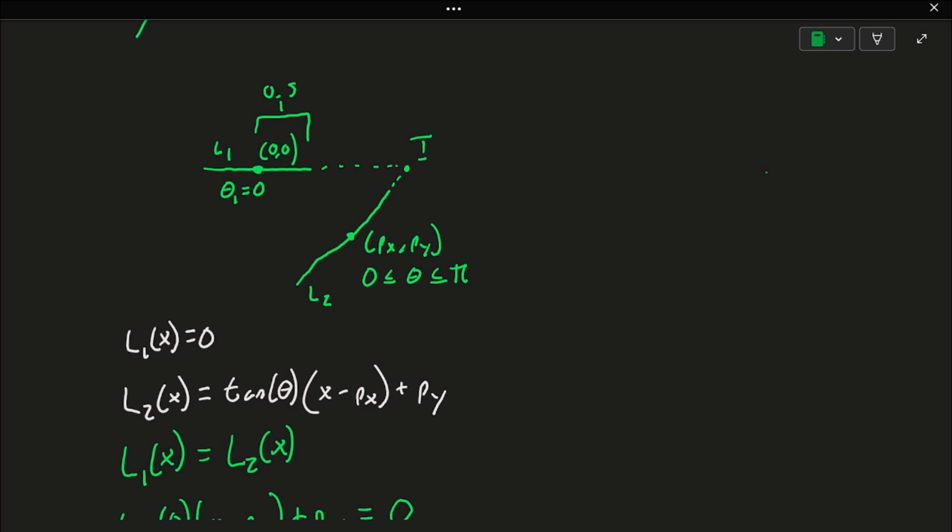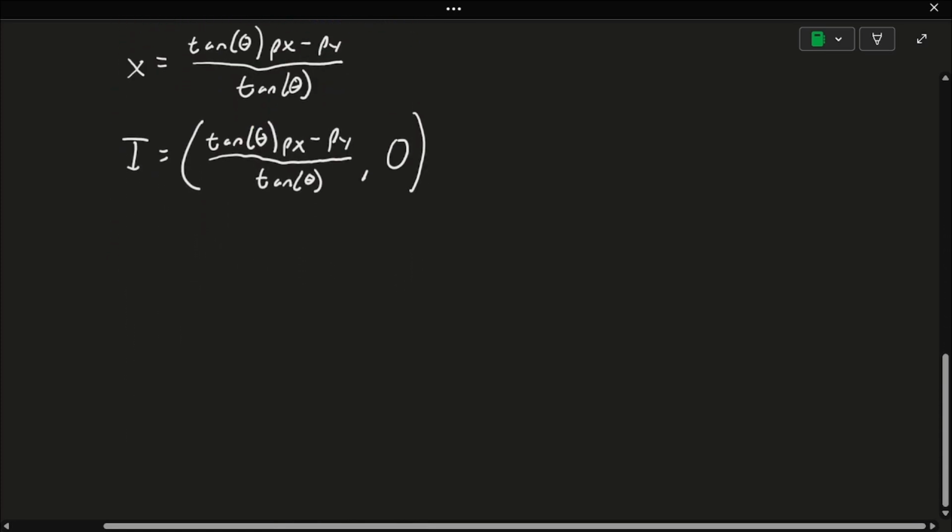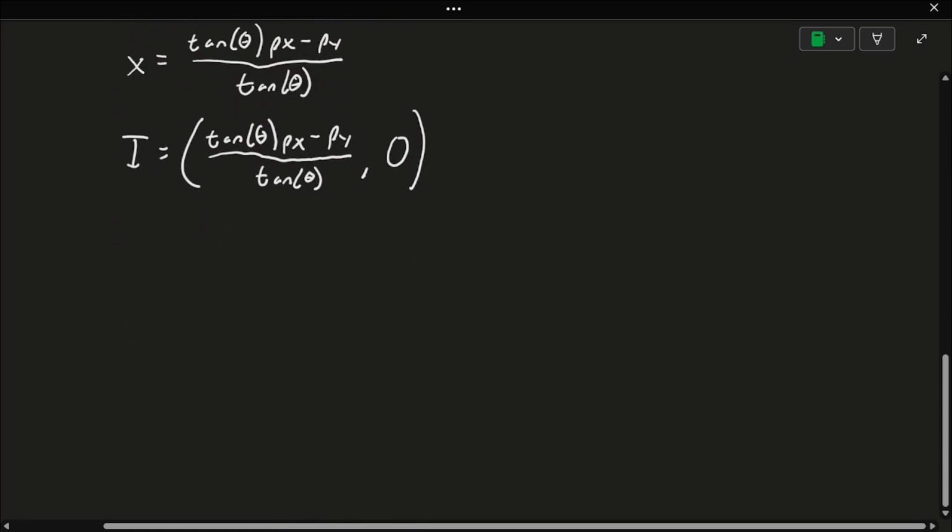Now we also know that I's distance from our second center point here also has to be less than 0.5, because that means that I will rest somewhere across this line. And if both of those things are true, we have ourselves an intersection. So let's write out the mathematics for that, shall we?